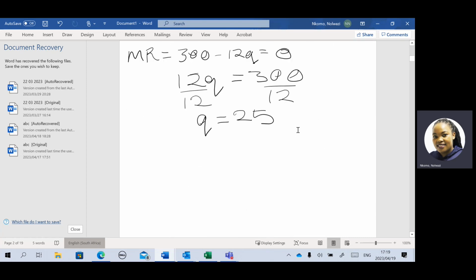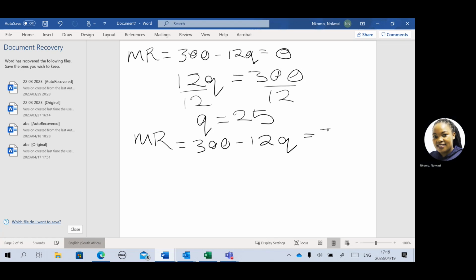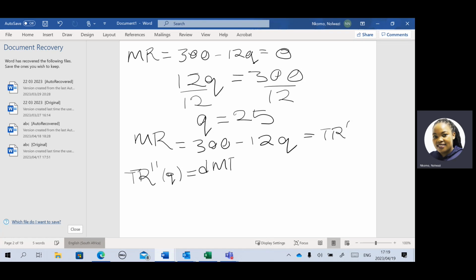Okay, our first derivative is our marginal revenue, which is 300 minus 12Q. Remember, this is the first derivative, like TR prime, right? We need to find the second derivative, TR double prime at Q. This means to find the second derivative, we need to differentiate the marginal revenue.